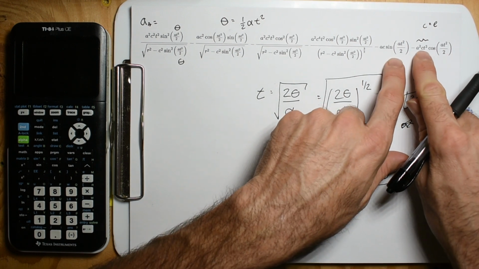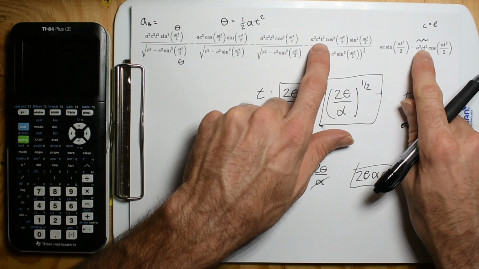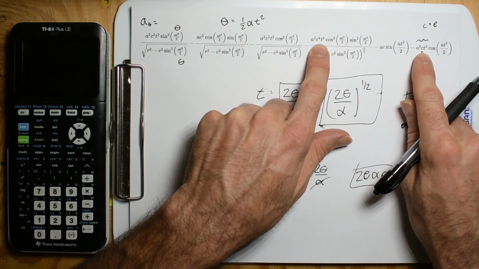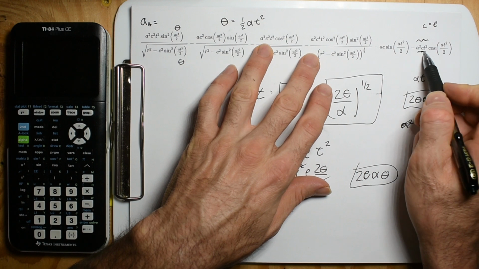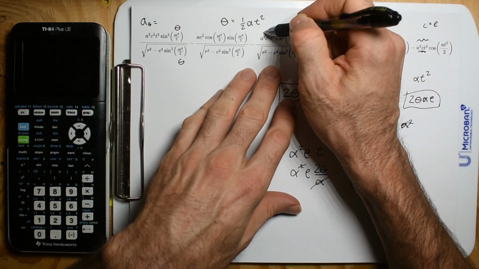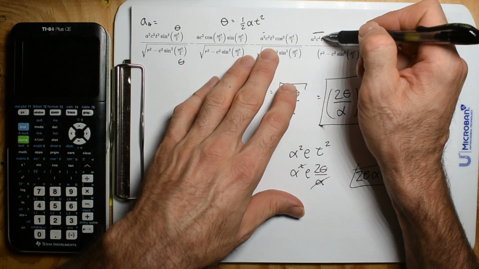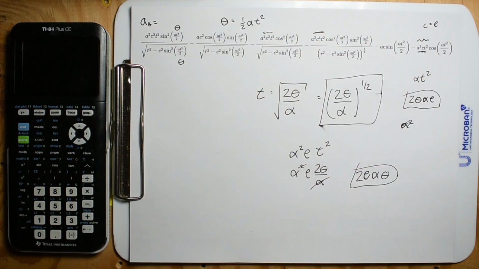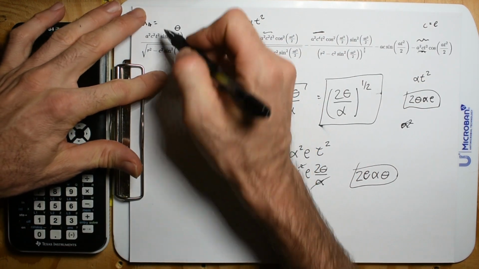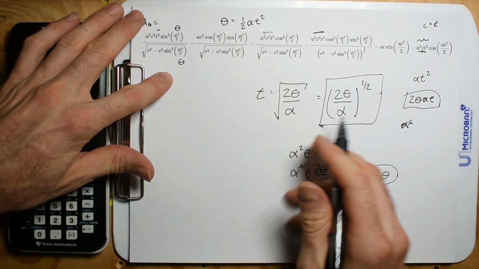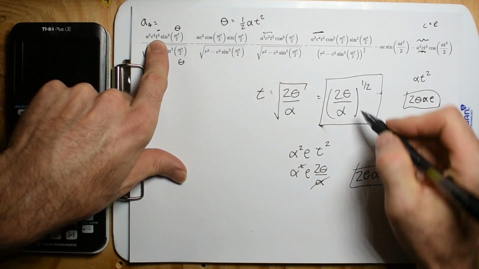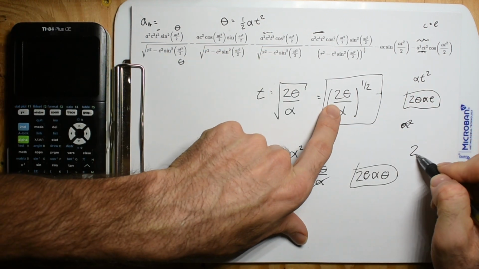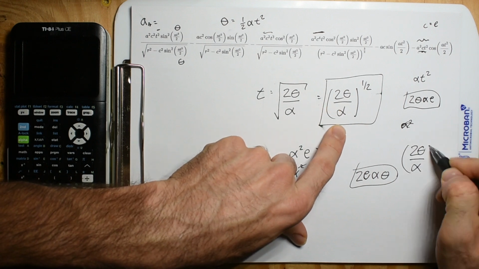So everywhere we see those, we can input that. But I think you get it. Some of these aren't the same, this one is a little bit different. If you just wanted to say, hey, everywhere I see a t squared, I'm going to input 2 theta divided by alpha.